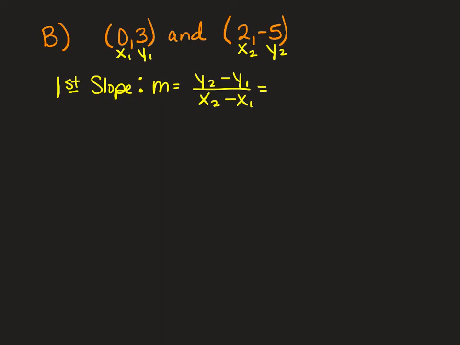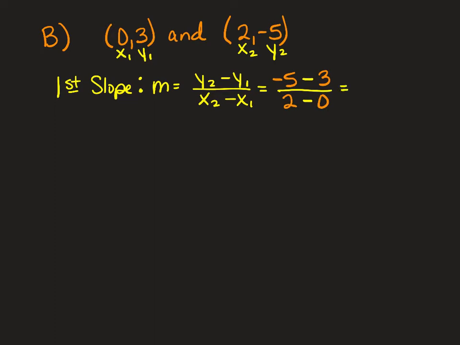And then we'll plug them into our formula. y2 is -5, include our minus sign from our formula. y1 is +3, over x2 is +2, use our minus sign from our formula, and x1 is 0.